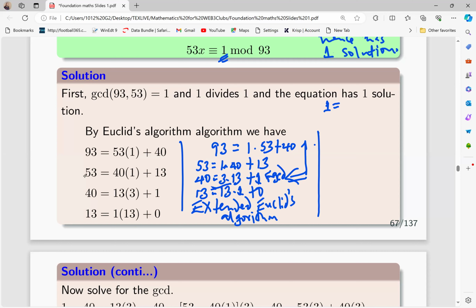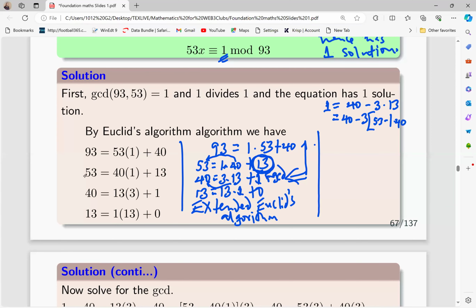Take this, the other side of the equal sign. You have 40 minus 3 multiplied by 13. Replace 13, our next remainder. What is it equal to? Check the other side of the equal sign: 53 minus 1 multiplied by 40.